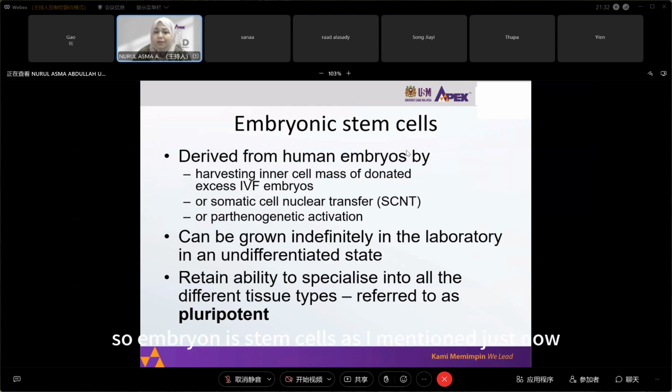Embryonic stem cells, as I mentioned just now, are derived from human embryos by harvesting the inner mass of donated excess IVF embryos.